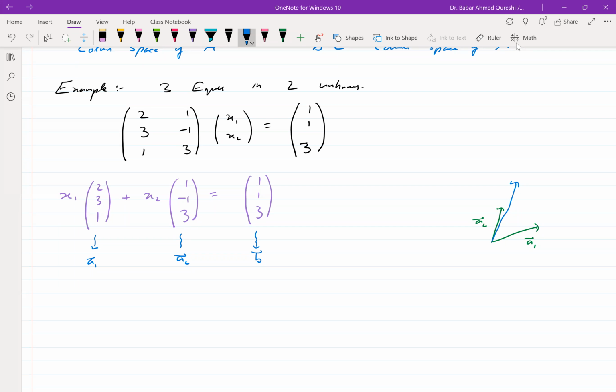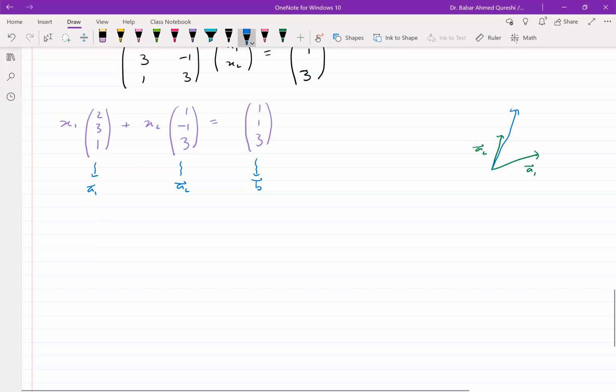So that is why if I generally take 3 equations in 2 variables, it's an over-constrained system, and there's a very big chance that my system will be inconsistent. Unless I choose B in a special way: in the same plane formed by these 2 columns.